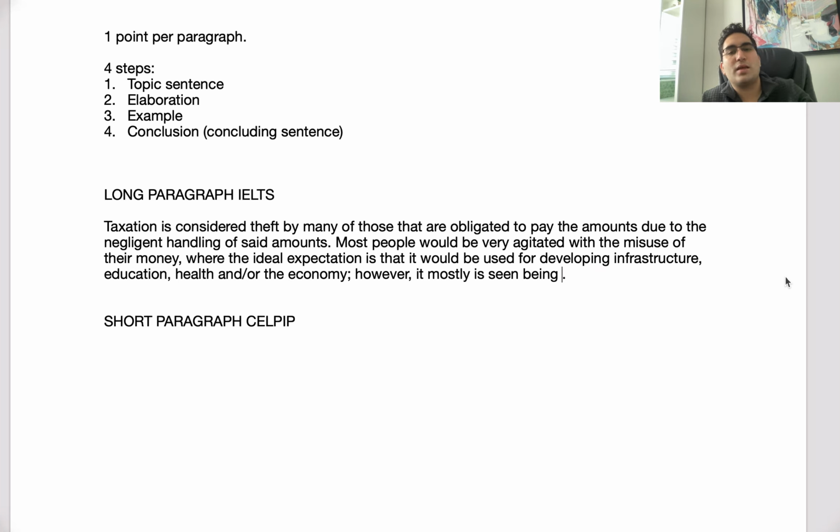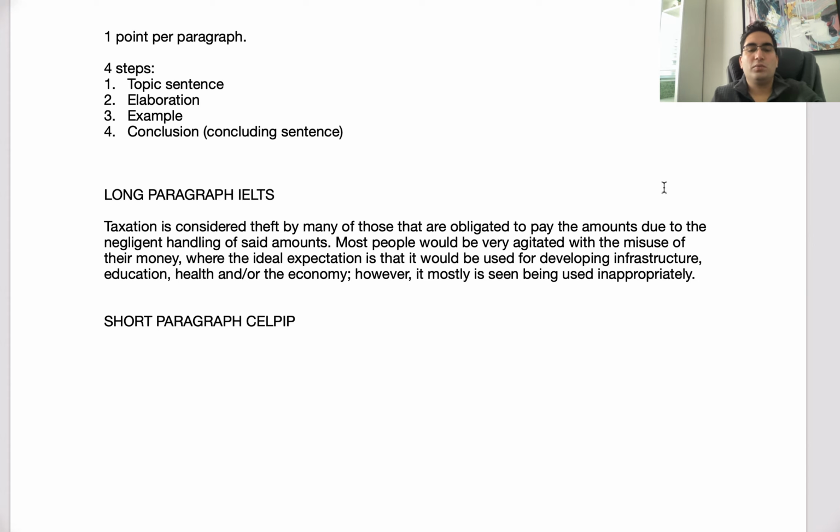It is mostly seen being used inappropriately. Let's do that. So you've got to use different words to keep it fresh and show your variety of writing skills. Most people would be very agitated with the misuse of their money, where the ideal expectation is that it would go for developing infrastructure, education, health, economy. However, it is mostly seen being used inappropriately.